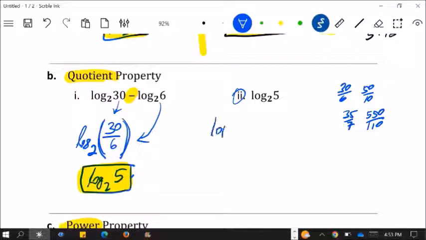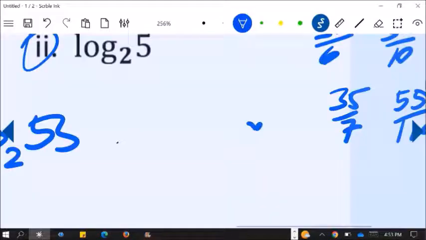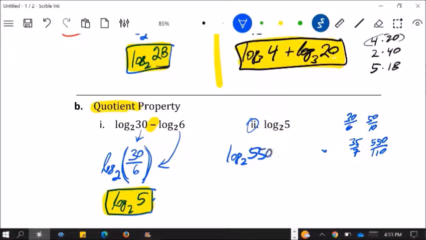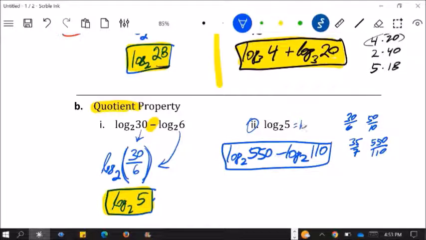Let's do that one. Log base 2 of 550 minus log base 2 of 110. Because this one could be seen as log base 2 of 550 over 110.